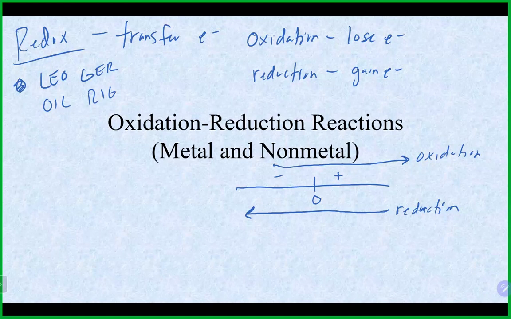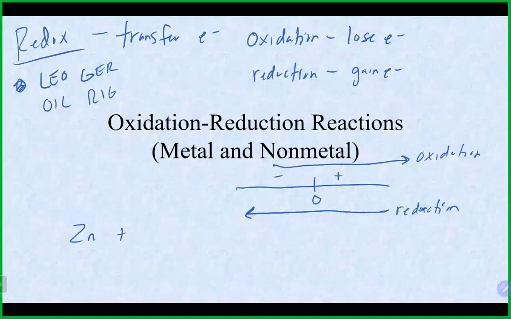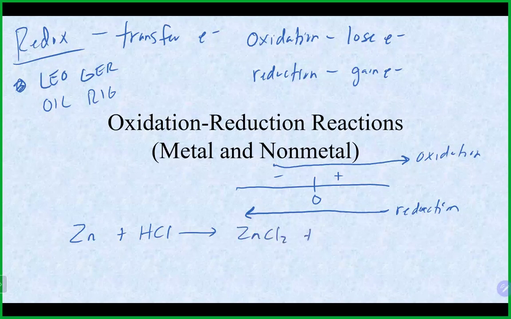So for example, if I look at zinc plus some HCl goes to ZnCl2 plus a little H2 action there. When we look at what are really known as oxidation states, the zinc here, which is by itself and solid, not attached or combined with anything, has a zero oxidation state, or you can think of it as no charge.